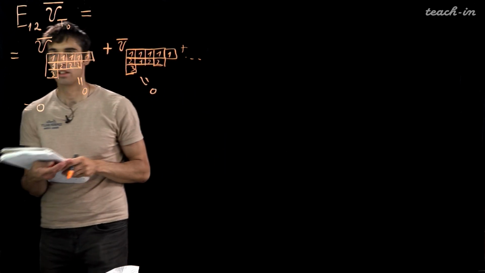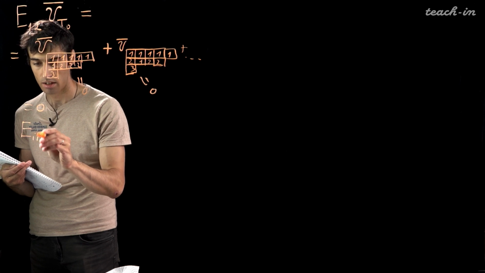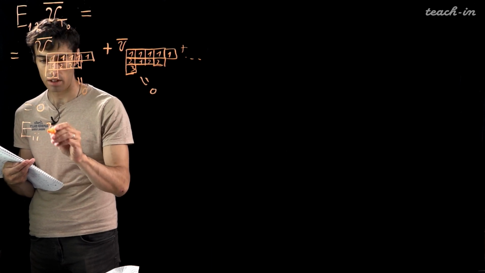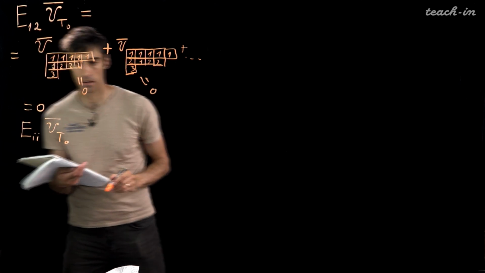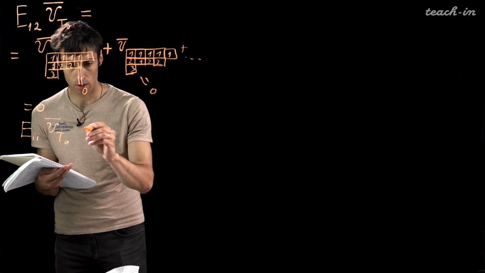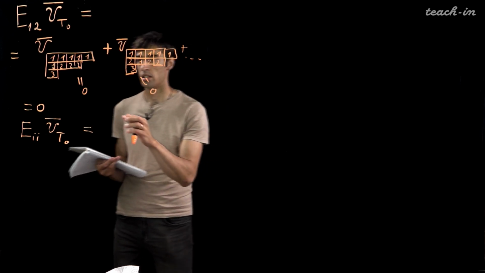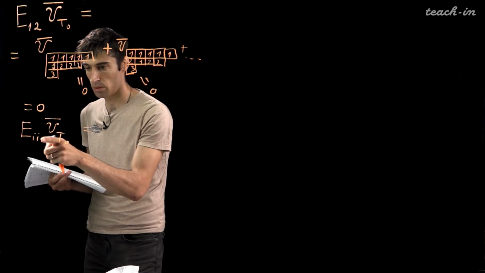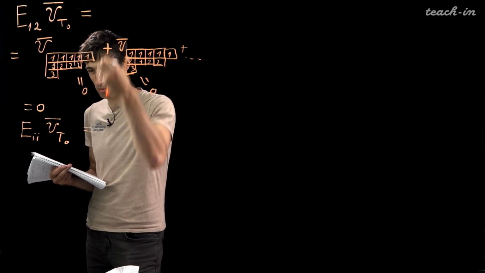On the other hand, what is e_ii on v_t0? Again, e_ii seeks for boxes with i in them, and then it takes this box and replaces it again with i.